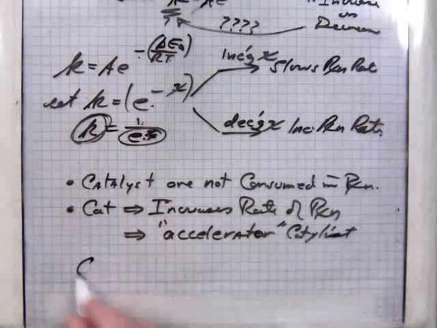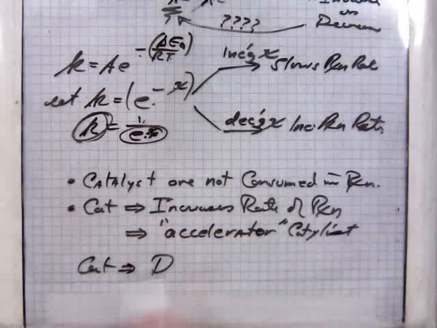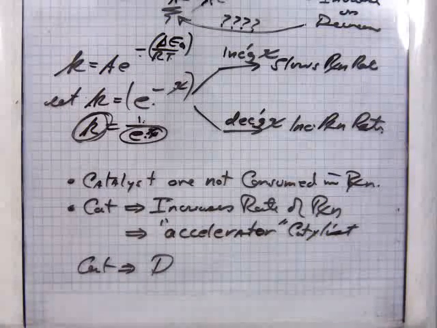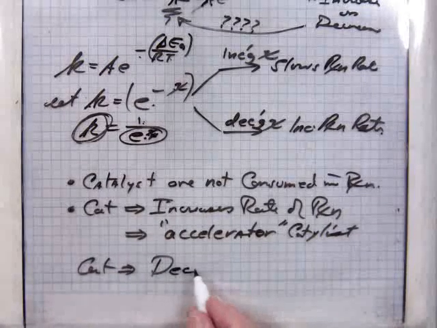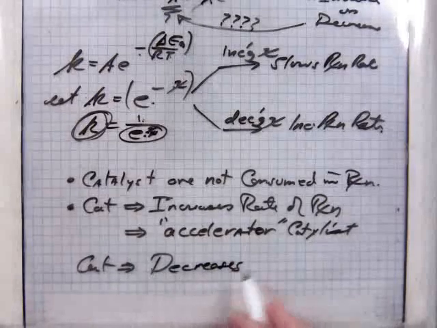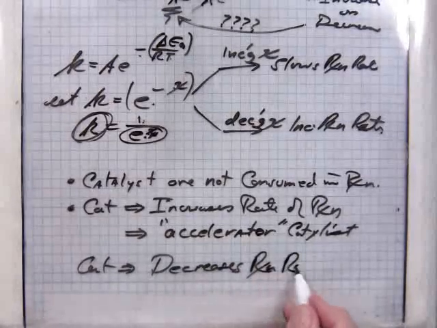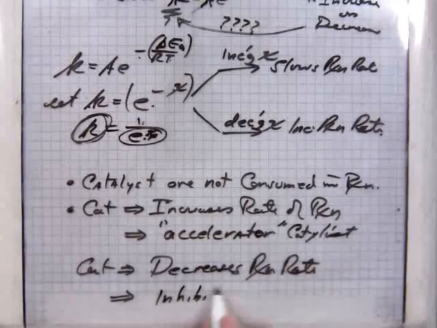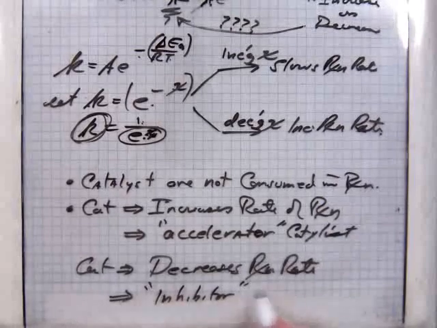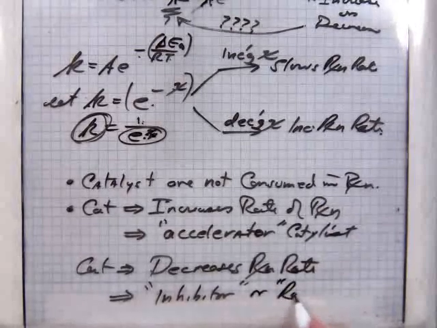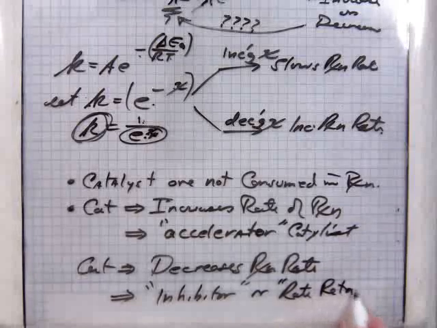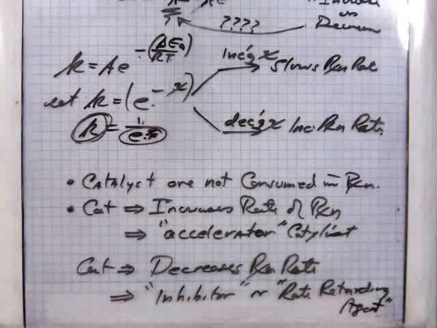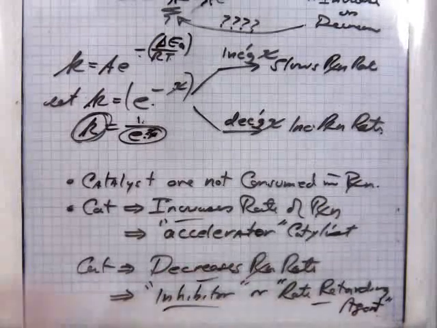And of course, a catalyst that decreases rate is called an inhibitor or a retarding agent. Or rate retarding. So those are just some terms that are typically applied.